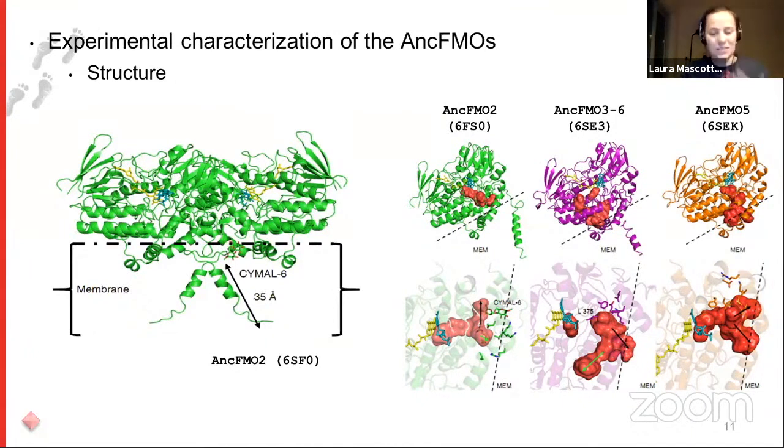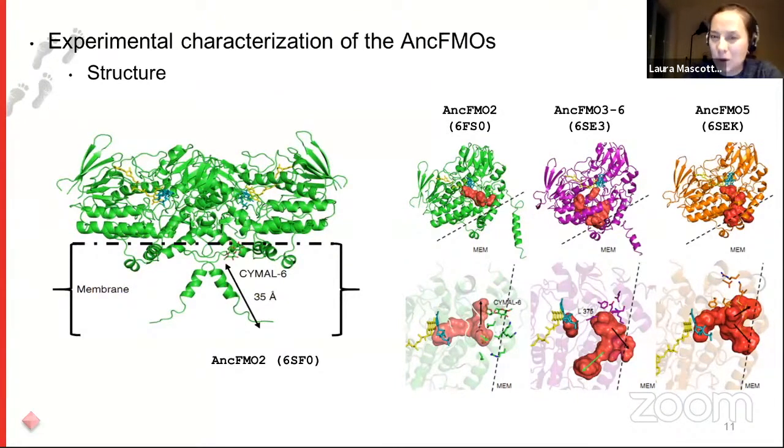I think that's related to the substrate tunnels, as you can see here, and the release tunnels of the products. For FMO5, which is quite different, we expected that a bit more, and we were able to think about how the substrates get in and get out. But now we are working on understanding better which specific differences among the proteins can tell us other things about how they behave biochemically.